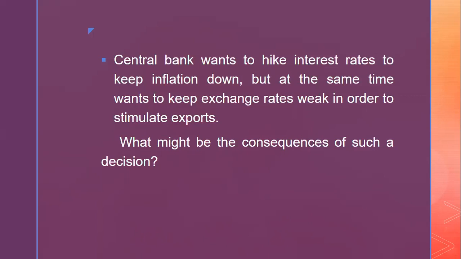When they inject money into the system, ultimately it will create inflationary pressure. So their primary objective of keeping inflation down is now hampered, right? So there is a compromise between the two goals, fixed exchange rate and low inflation.